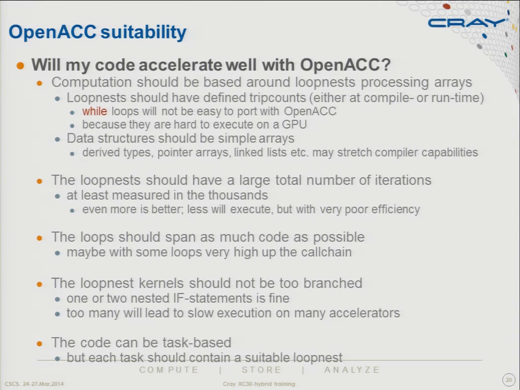OpenMP 4.0 does not have all the functionality that you get in OpenACC. It's the first version of the standard, and standards evolve step by step. So there are things you can do with OpenACC that for an NVIDIA GPU will give you a good performance gain. That's not to say it won't come in OpenMP 4.1, but that might be a year down the road.